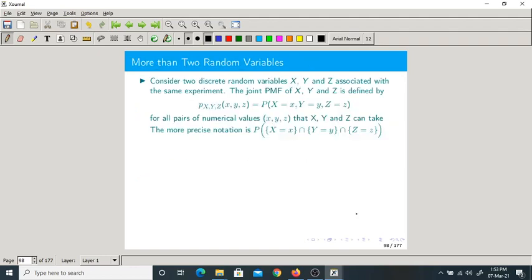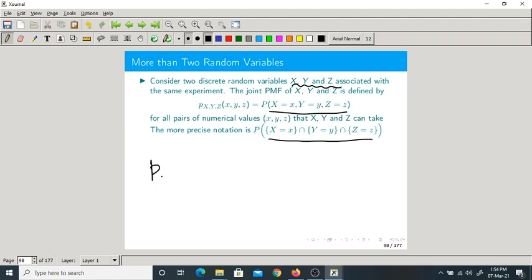Till now we have seen only two random variables. There could be more than two random variables. For example, let us take three random variables x, y, z, and their joint PMF is defined like this: X equal to x, Y equal to y, and Z equal to z. If there are four, what do you write?